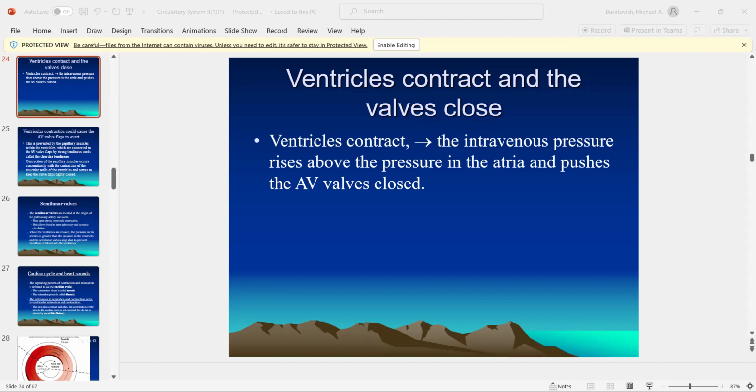So once the cell gets to resting potential, automatically you have the opening of particular channels. And this causes the pacemaker potential. This is also known in the literature as the funny current. Funny current.